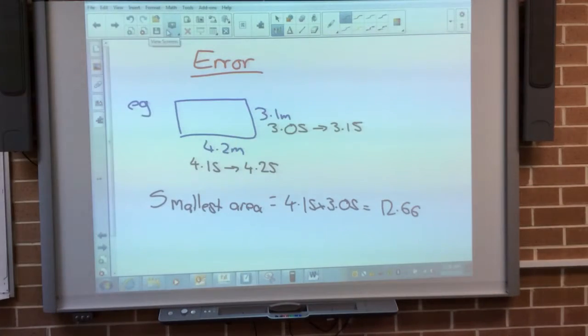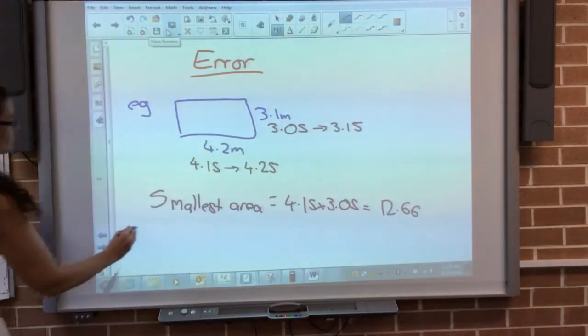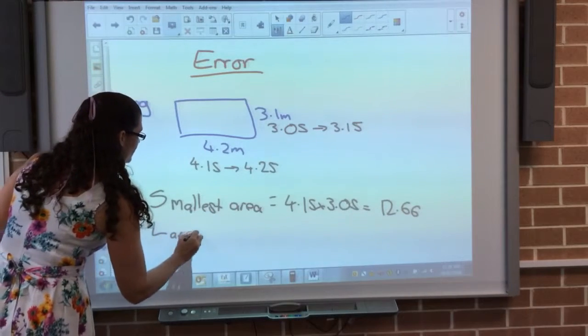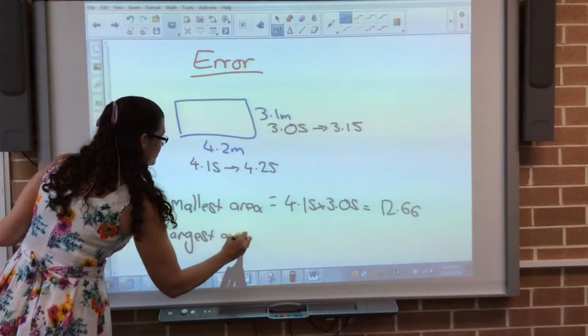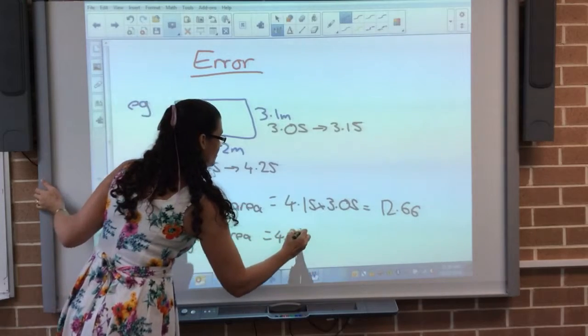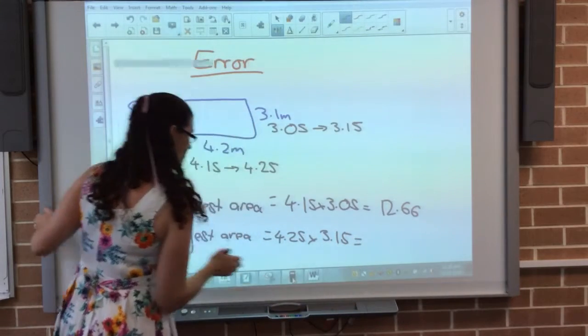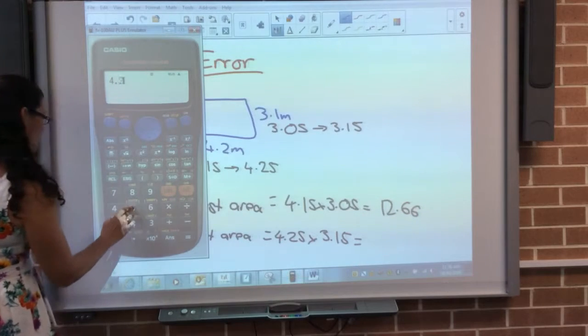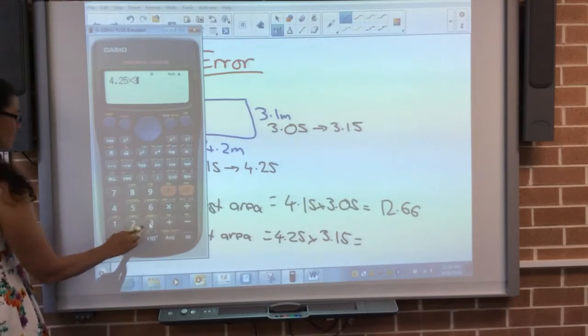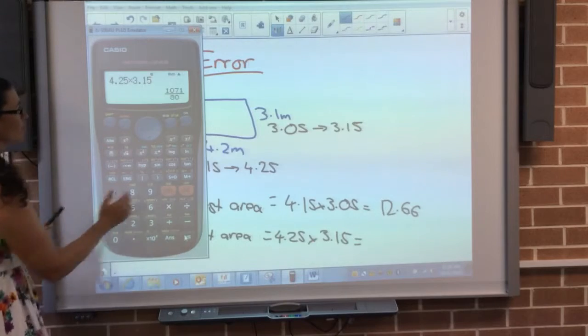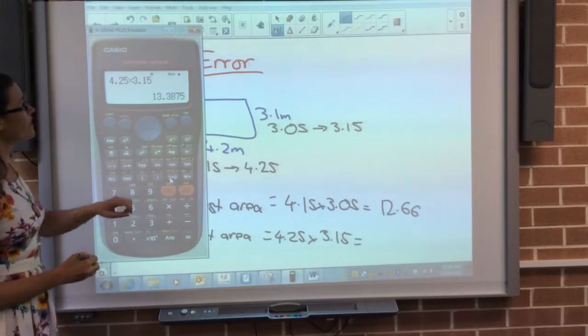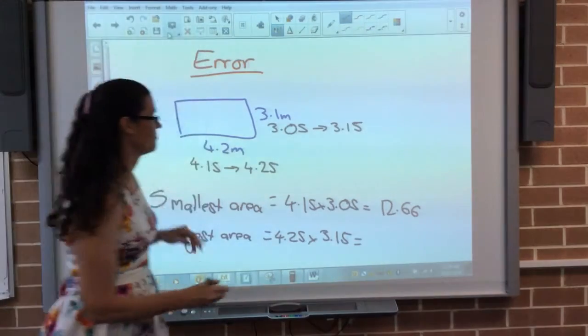Okay, what's the largest the area could be? 13.39.